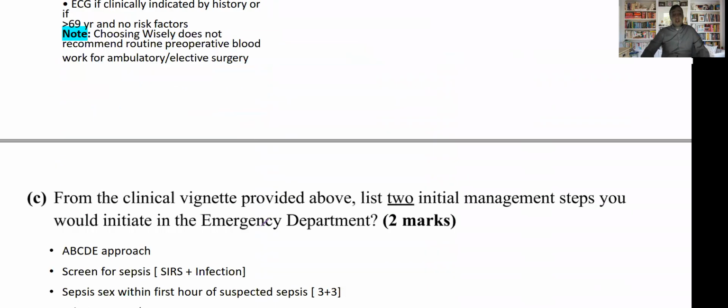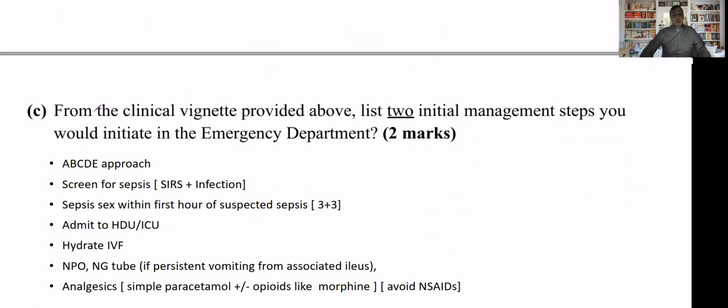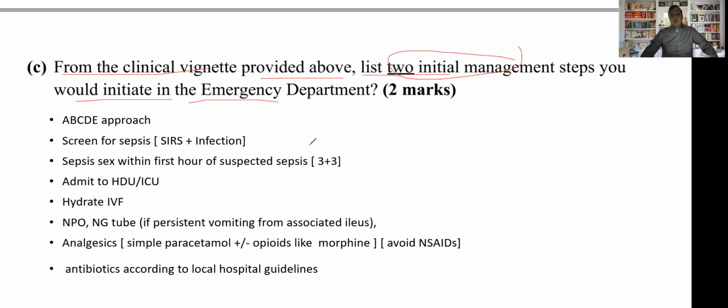So let's move on to the third part of this question. From the clinical vignette provided above, list two initial management steps you would like to initiate in the emergency department.